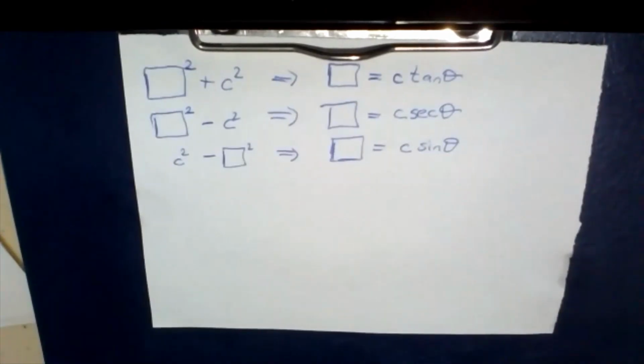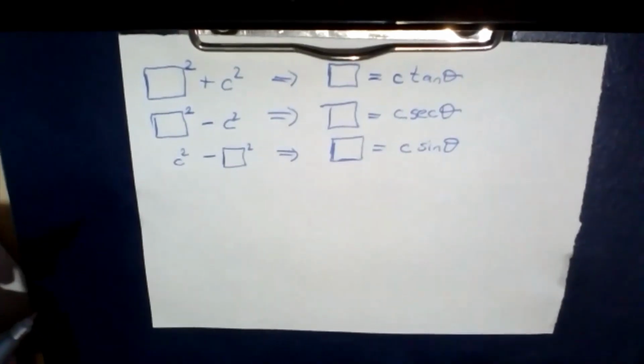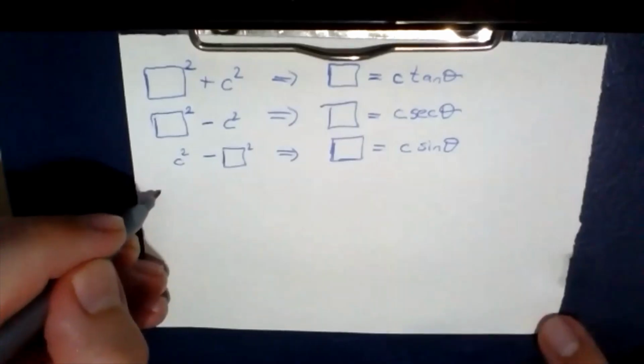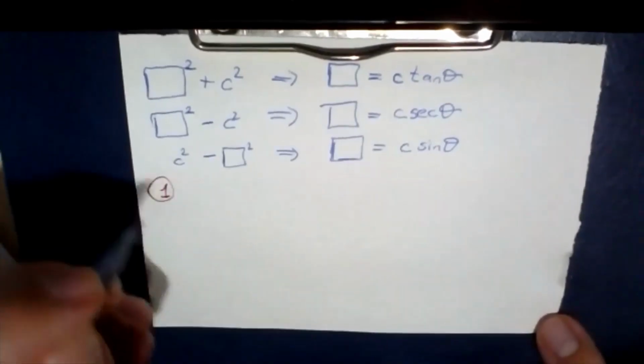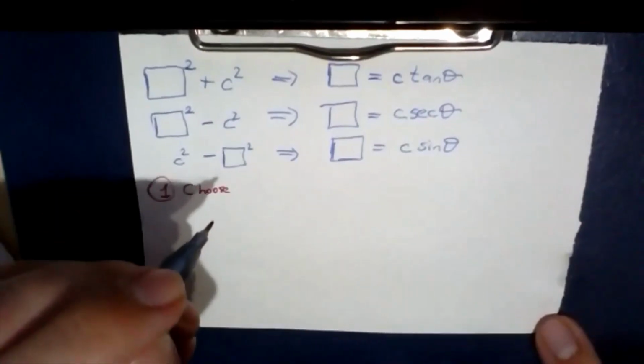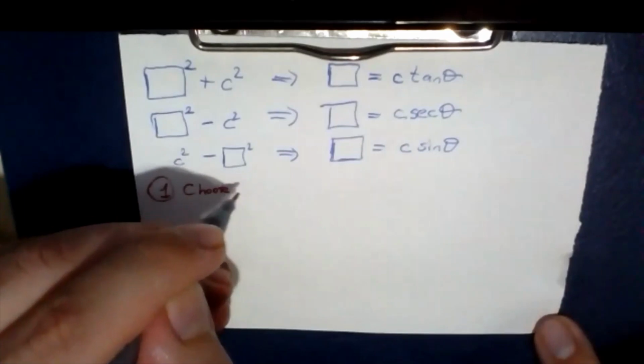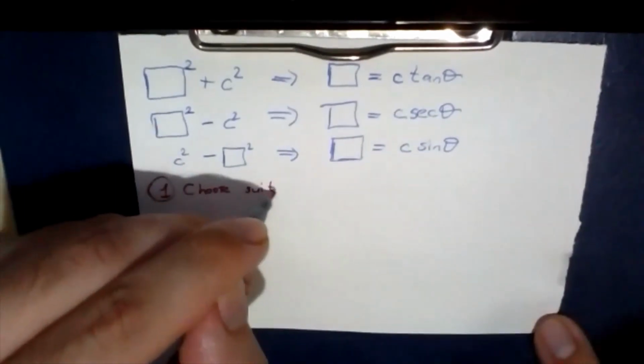Then, what are the four basic steps of taking integrals with trigonometric substitution? First, we should choose wisely which substitution we should apply. Choose suitable substitution.